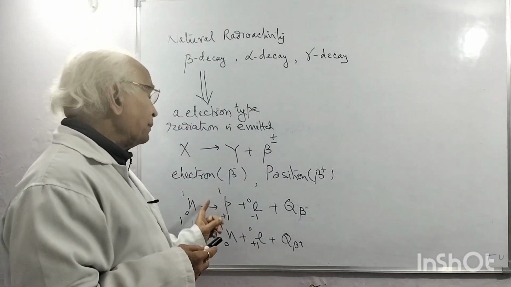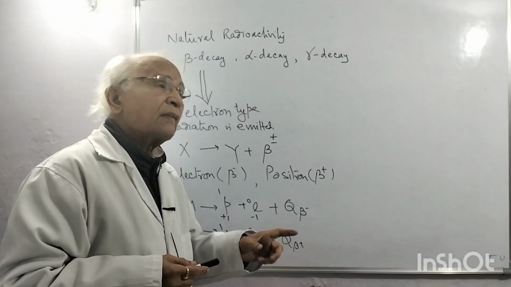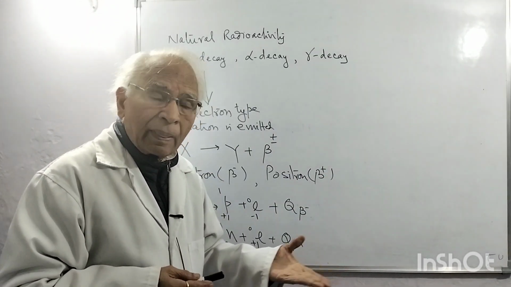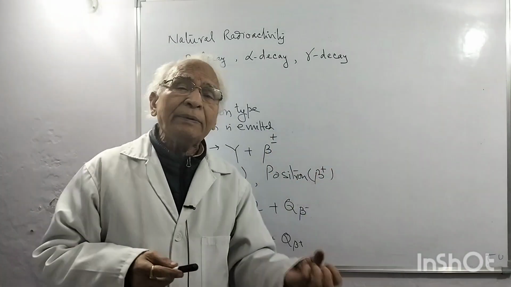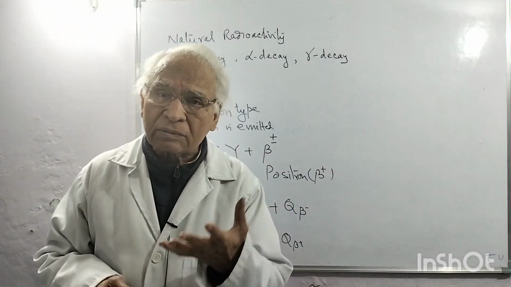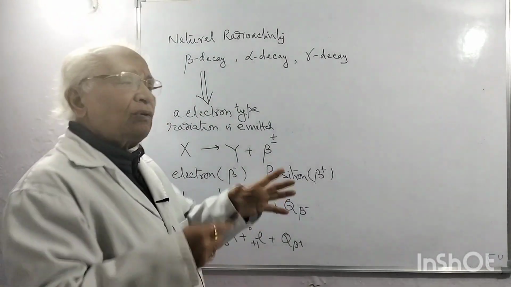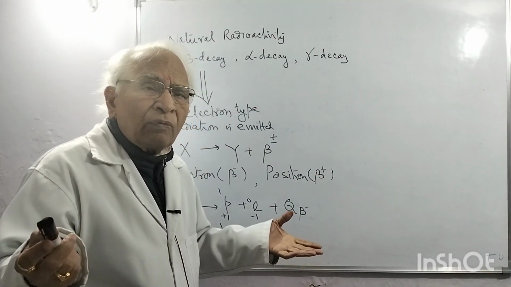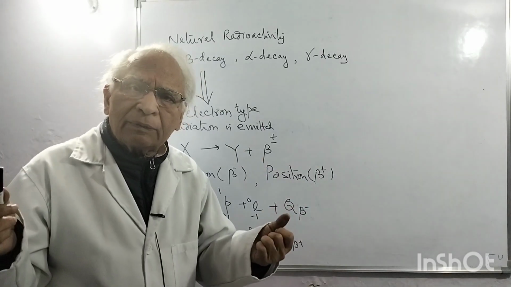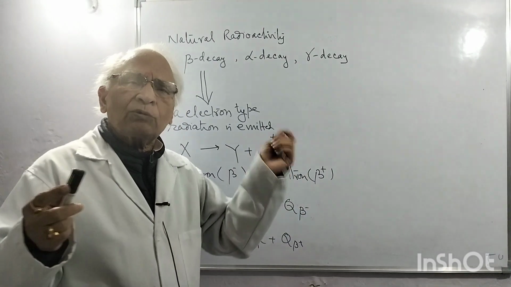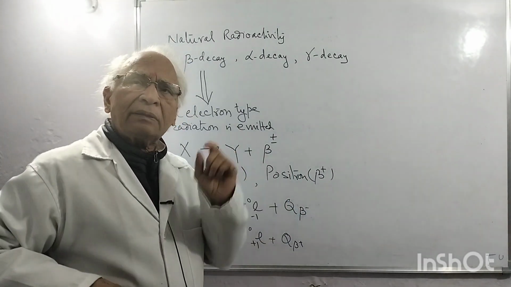So whenever there is emission of an electron from an atom, you need some energy to overcome the binding energy of the electron, and there is emission of X-rays or photons. So in beta decay, we don't have any emission of photon or X-ray. Pure beta decay is possible. Gamma decay may be associated with beta decay, but that is a separate thing.